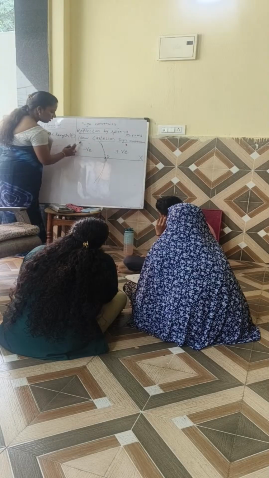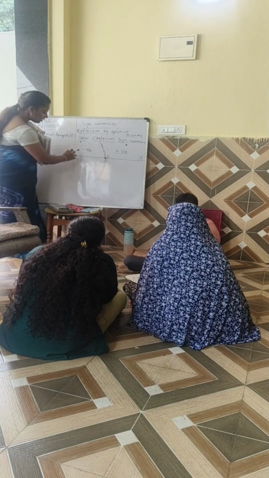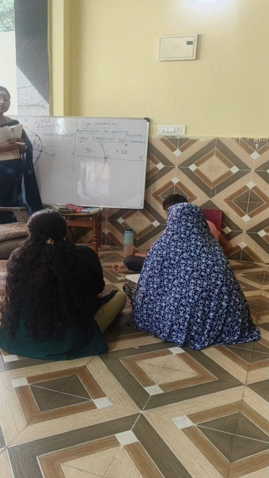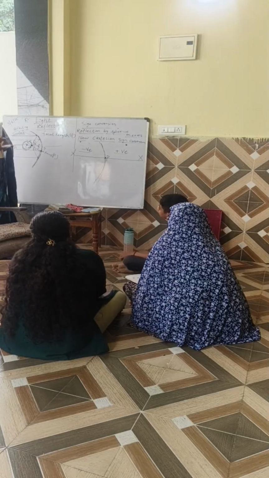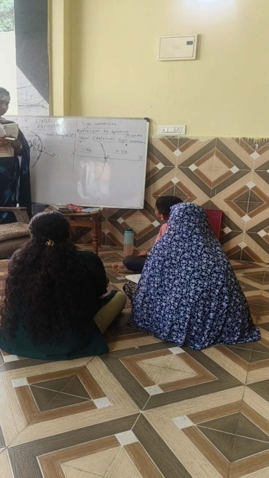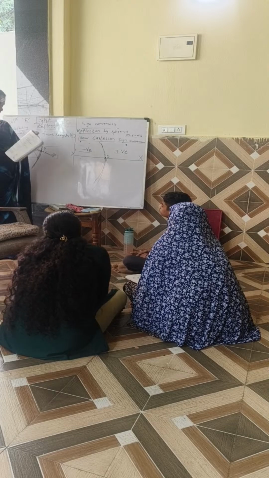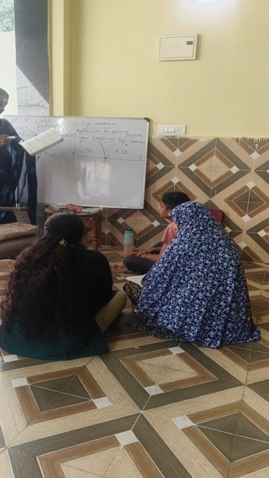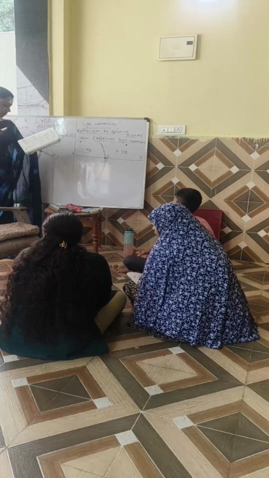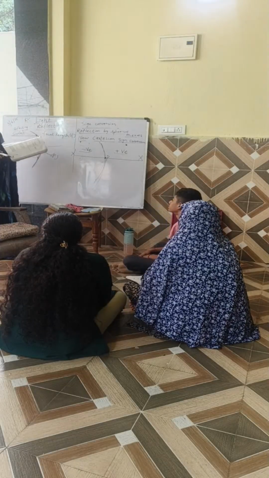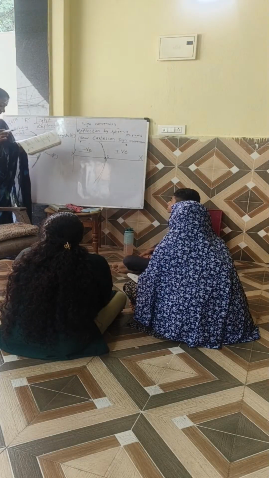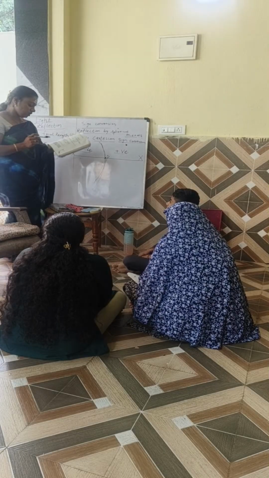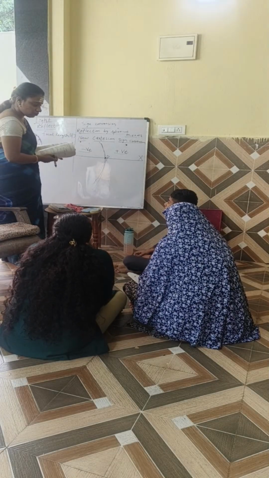You will measure from here to here, so the value is negative. Positive and negative. So all distances measured to the right of the origin are taken as positive, while those measured to the left of the origin are taken as negative.